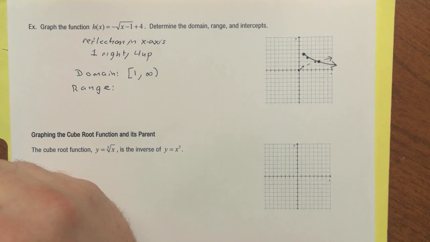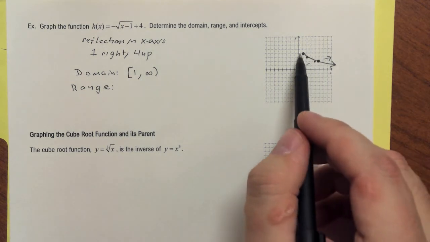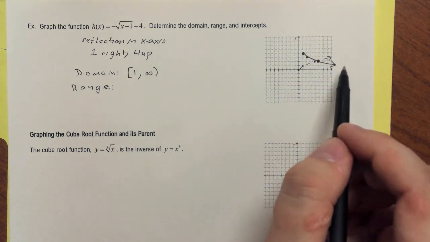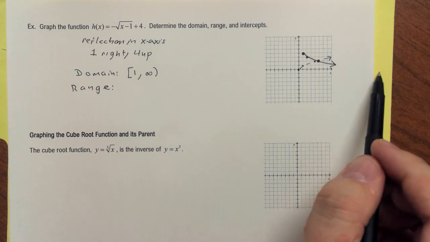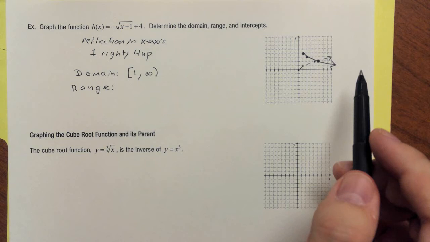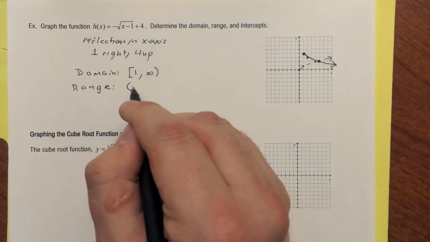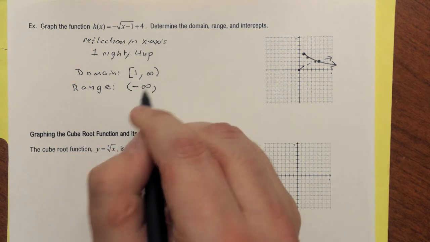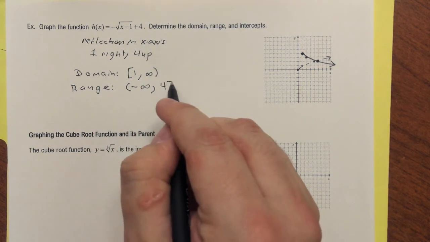The smallest that y can be, well, it's not determined by this endpoint because these points down here are going down. So this is going to go down continually. Not fast, pretty slow, but it will keep going down. So my range has to go from the smallest y value, which is very, very small, up to the largest y value, which we can see is positive 4.